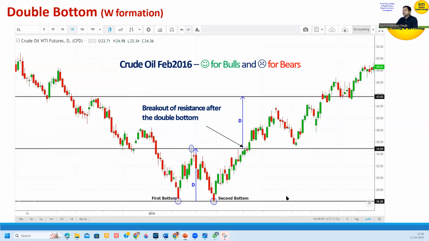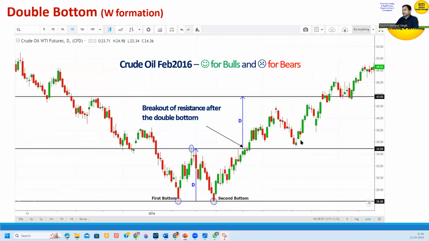To get the confirmation, we need to wait until the price bounces back from the bottom and reaches this point. In this example, it comes to the first bottom and then goes up here, and the next black line becomes a resistance.